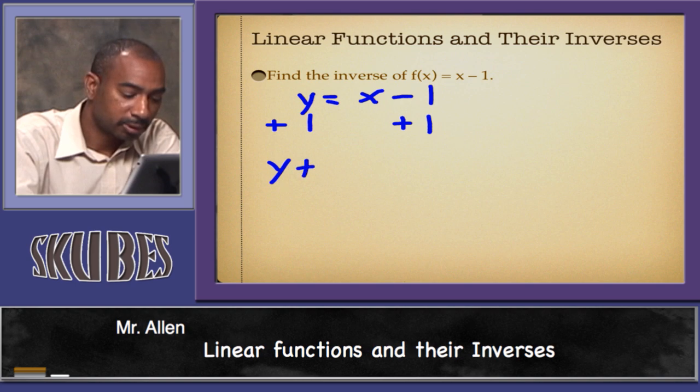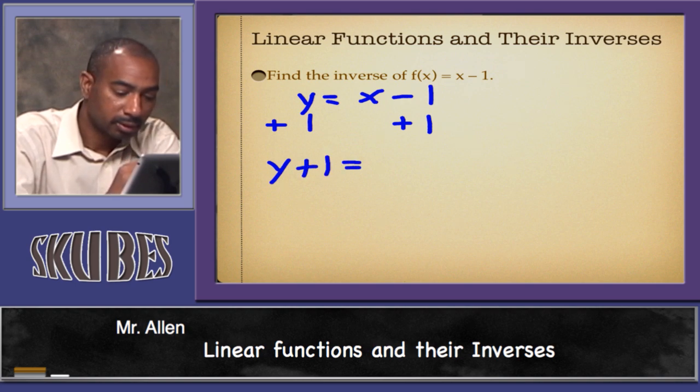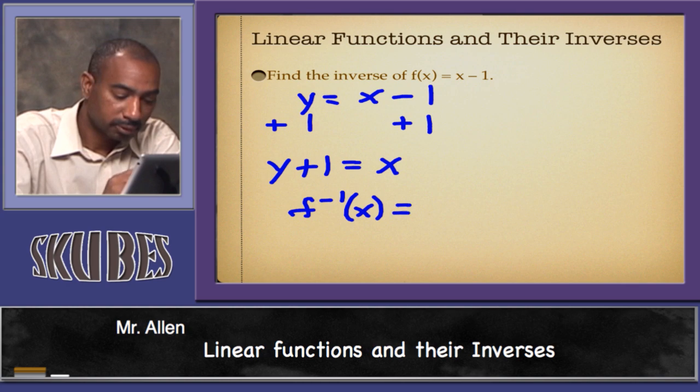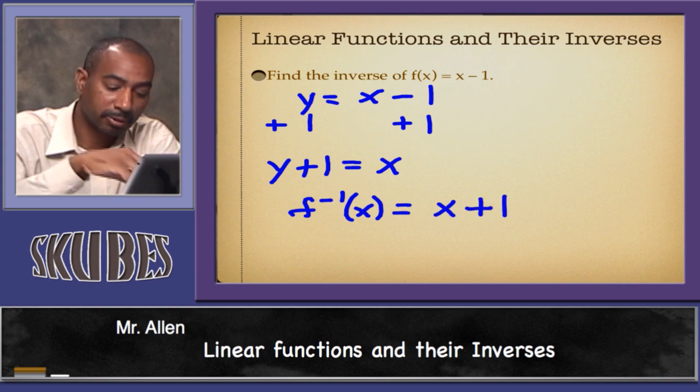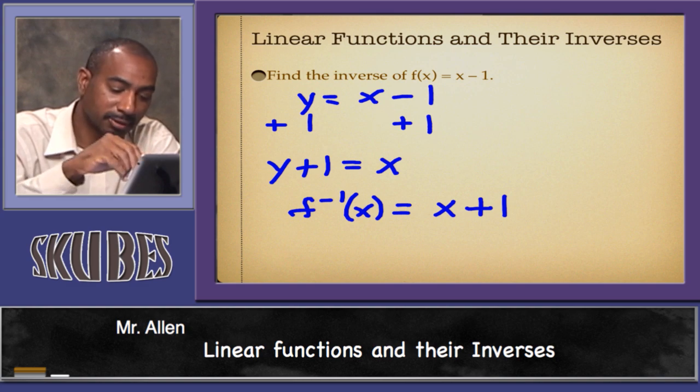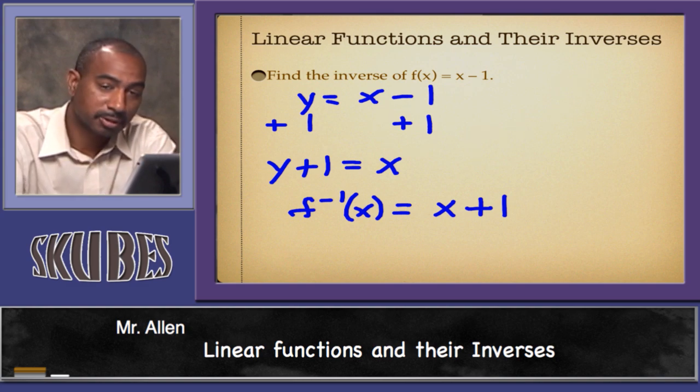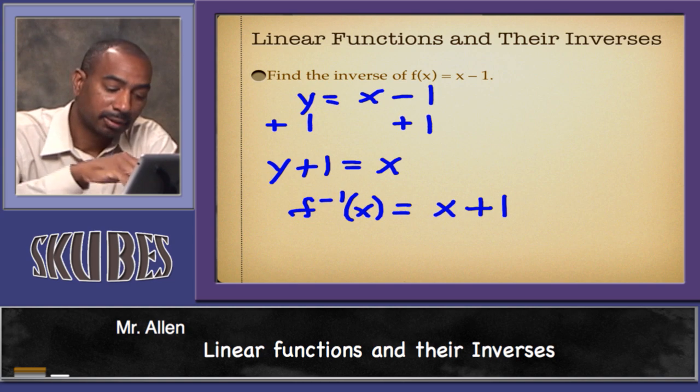So you get y plus 1 equals x. So the inverse function is simply x plus 1, which corresponds to numbers. Notice that the opposite of subtraction is addition. So if that function subtracts 1 from every number, the inverse function is going to add 1 to every number.